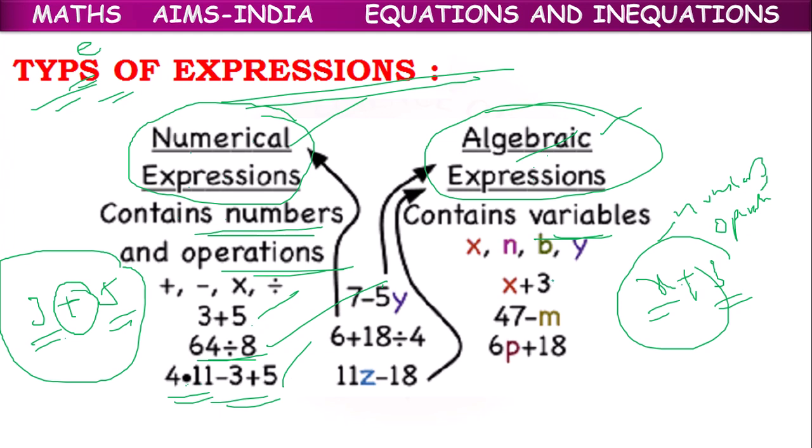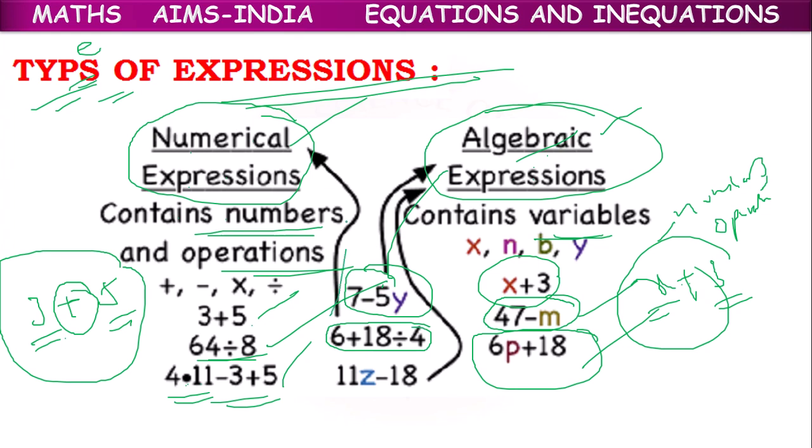Next, x plus 3, algebraic expression. 47 minus some variable, algebraic expression. 60 plus 8, algebraic expression. 7 minus 5y, algebraic expression. 6 plus 18 divided by 4, numerical expression. 11z minus 18, algebraic expression.